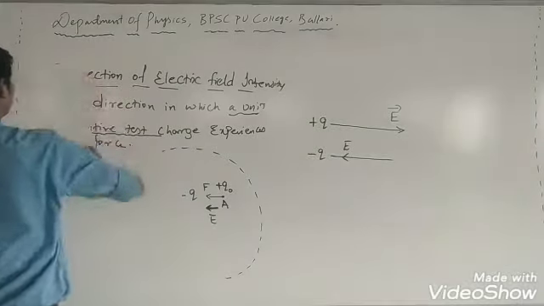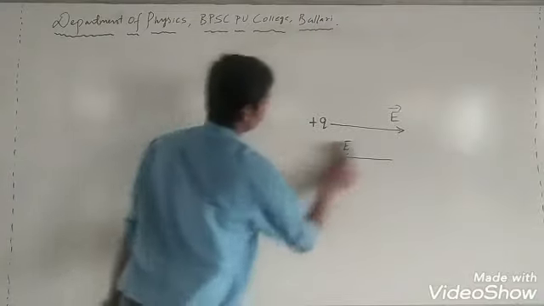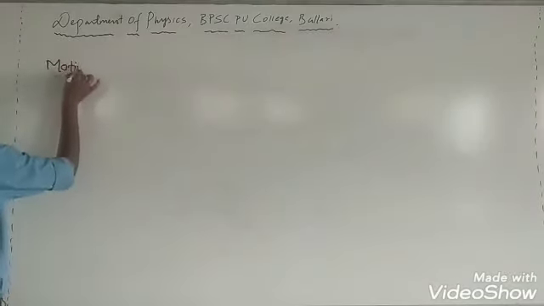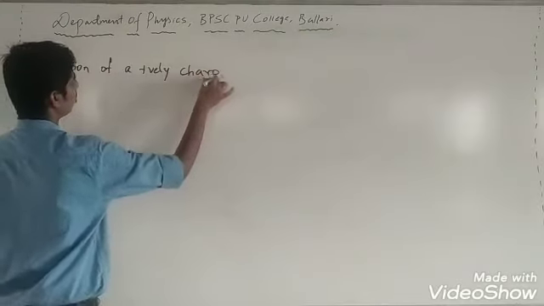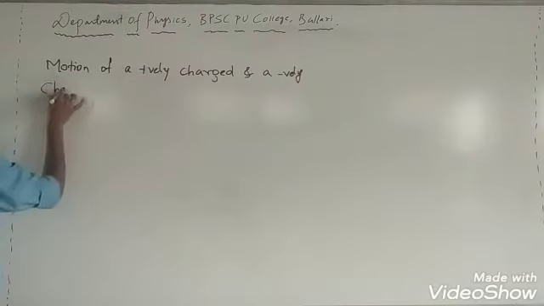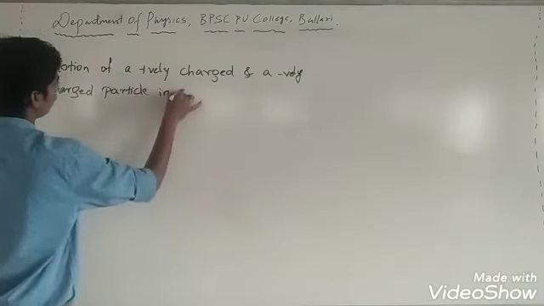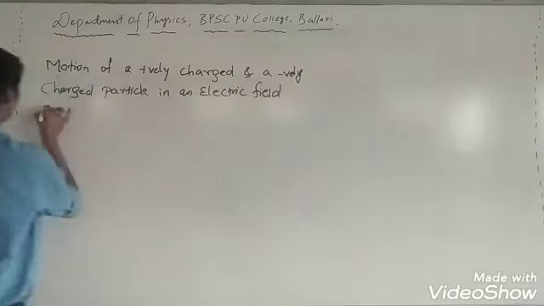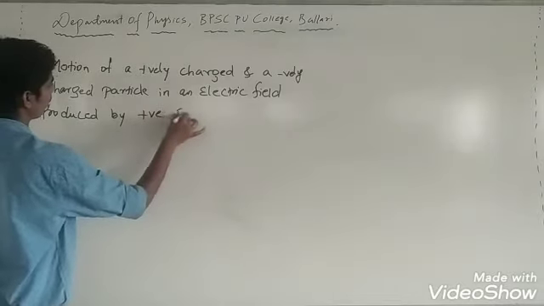After understanding the direction of electric field intensity, we will try to understand the motion of a positively charged and a negatively charged particle in an electric field produced by a positive source charge.